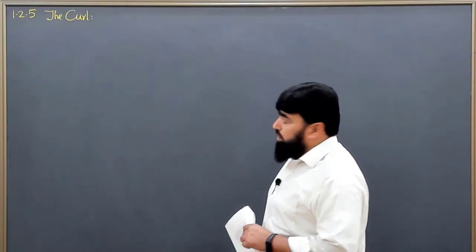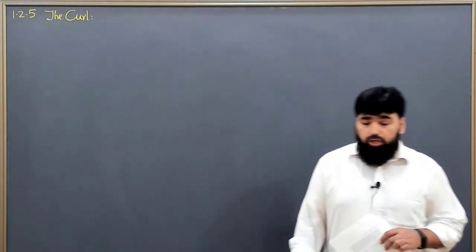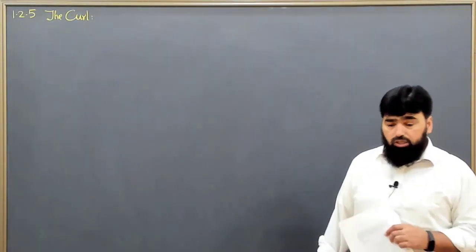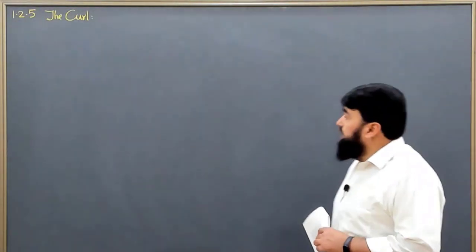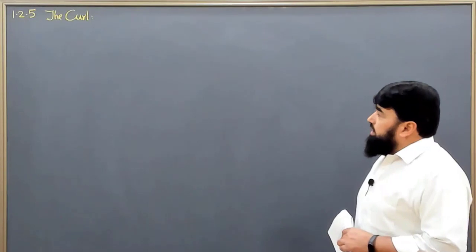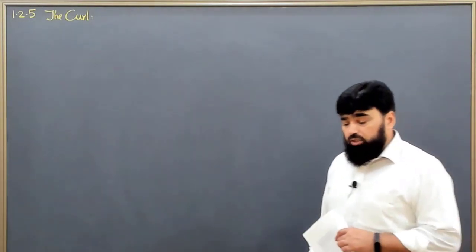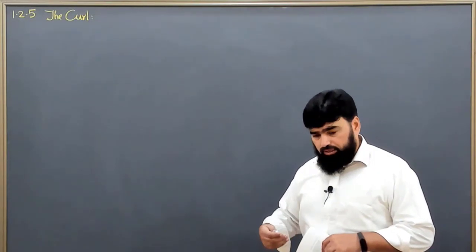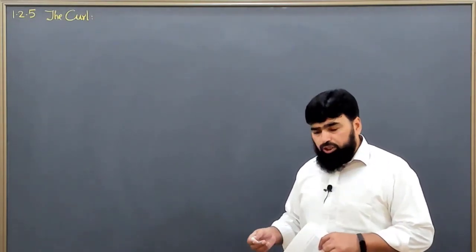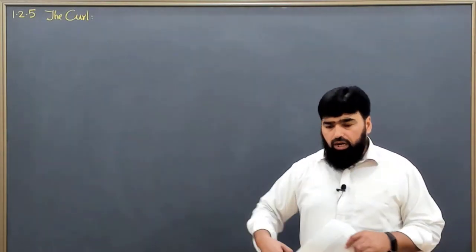In section 1.2.5, now we will discuss the curl of a physical quantity, or the curl of a vector function or field. The curl gives us the rotation of a vector, like how much a vector is curling or rotating.